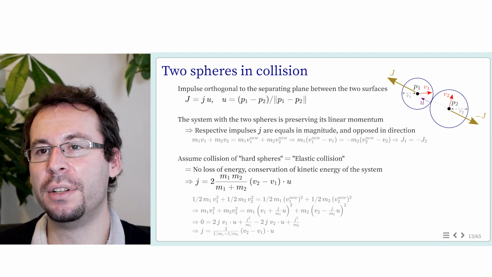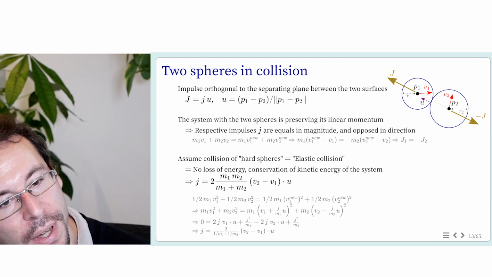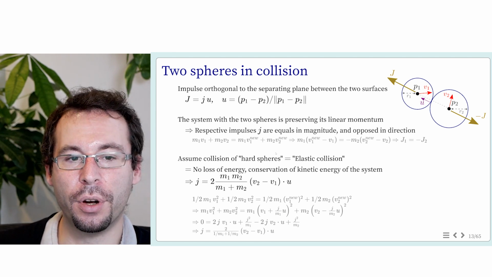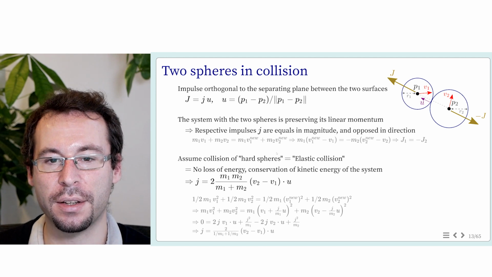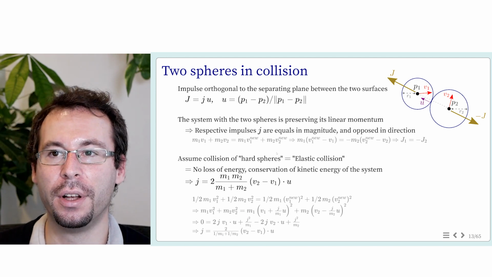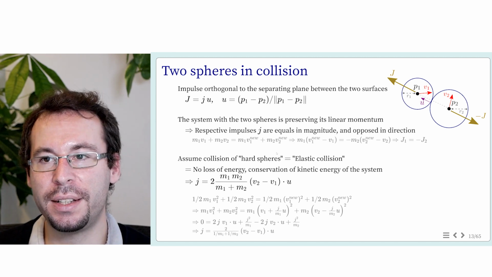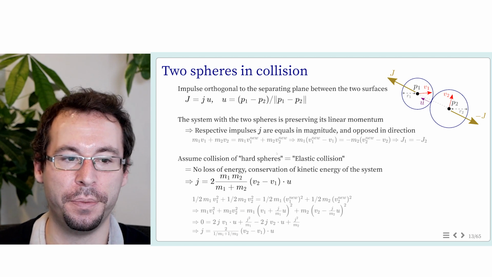But this is not enough to find the actual value of the impulse. For that, I need a model of response, and the most common model is to consider the collision of what we call hard spheres, or elastic collision, meaning that the spheres, while preserving the system of two spheres, preserve their global kinetic energy.